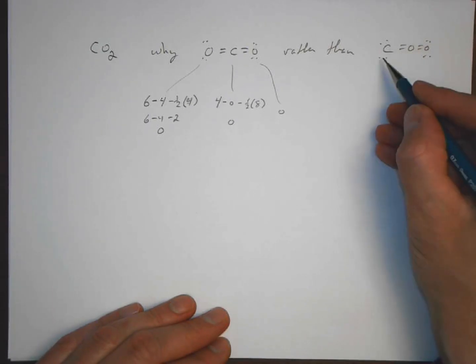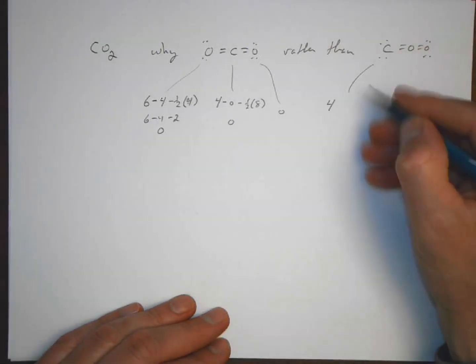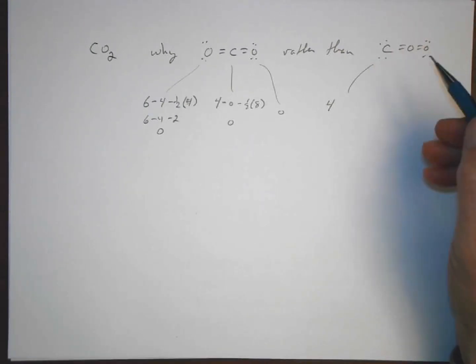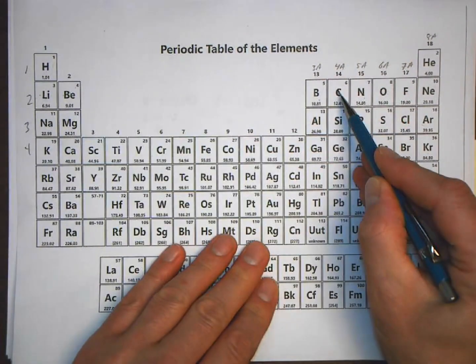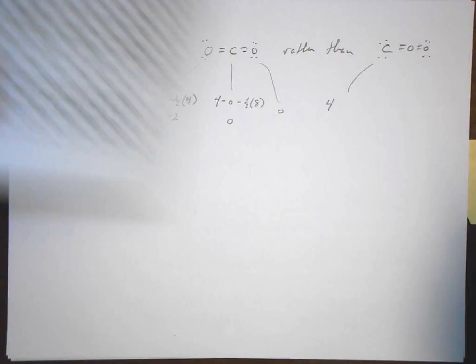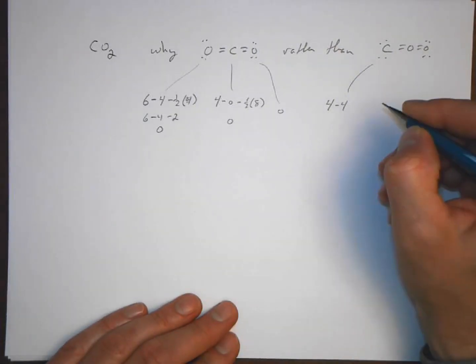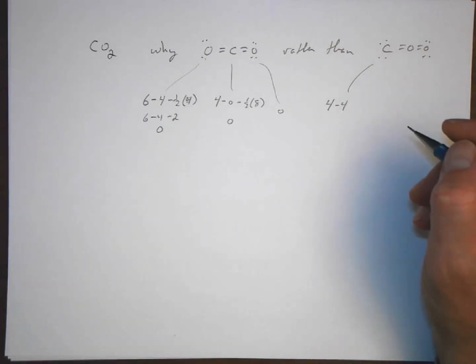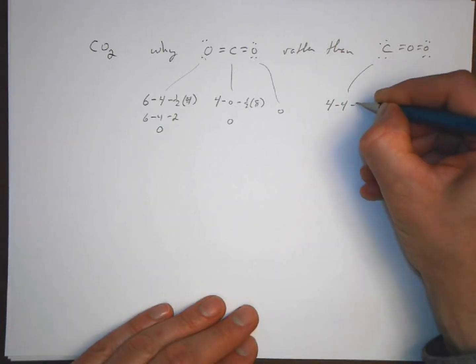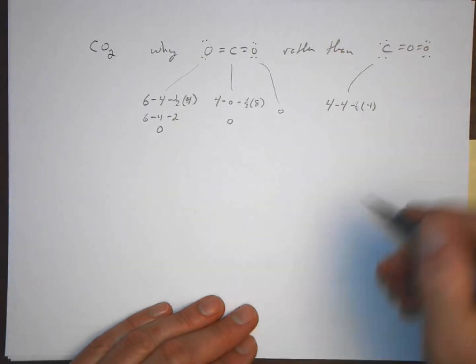So what's the formal charge on the carbon in this molecule? Well, we'd have 4, which is the number of valence electrons in carbon. Carbon has 4 valence electrons, minus 4 non-bonding electrons, minus half the number of bonding electrons, which is 4.